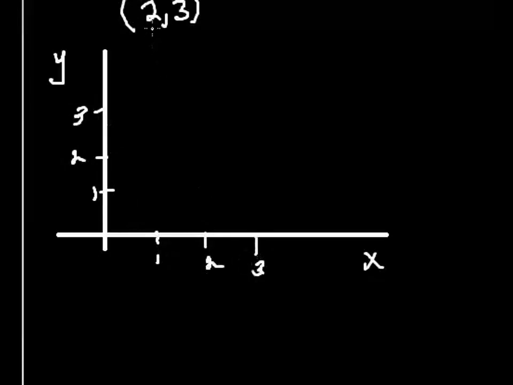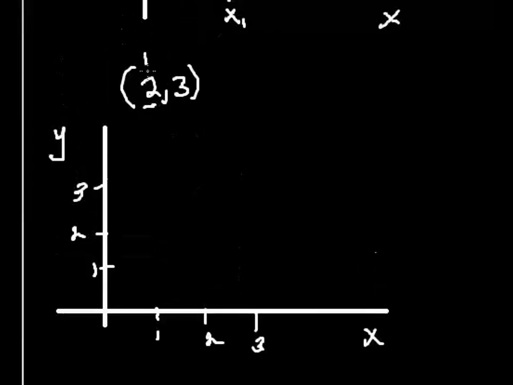If I want to locate this point 2 comma 3, the 2 here represents x. The first number in a coordinate always represents x, while the second number always represents y. So the x here is 2, so I will trace 2, then y is 3. The point where the x and the y intersect is the coordinate of that particular point.